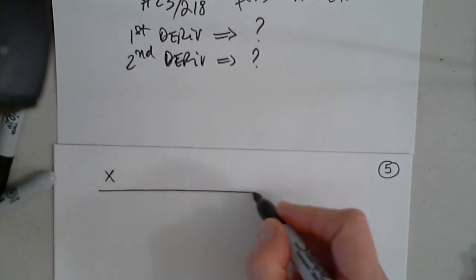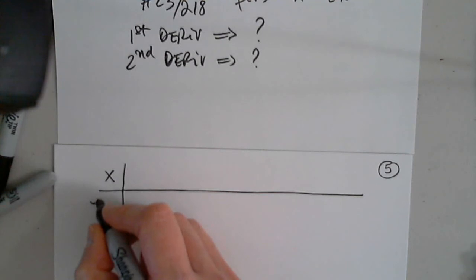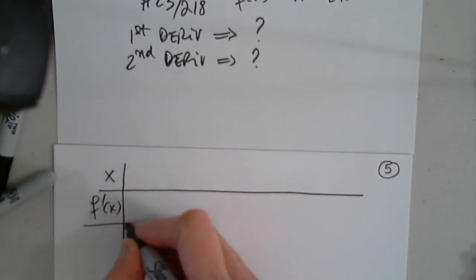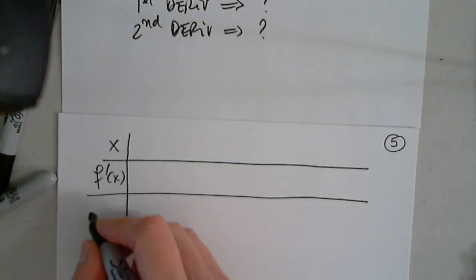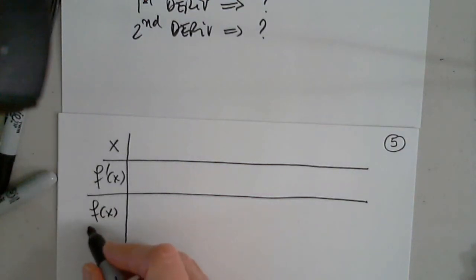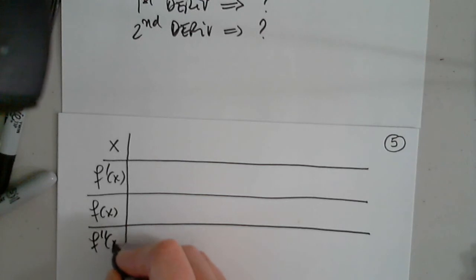And what do we start always with? Always. Negative and positive infinity. So we start with the domain. We always start with the domain.